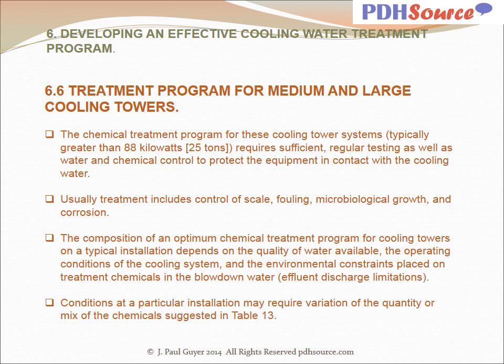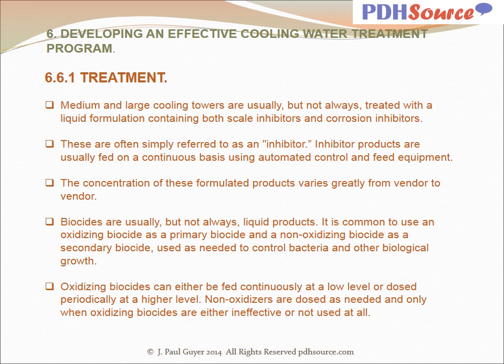The composition of an optimum chemical treatment program for cooling towers on a typical installation depends on the quality of water available, the operating conditions of the cooling system, and the environmental constraints placed on treatment chemicals in the blowdown water. Conditions at particular installations may require variation of the quantity or the mix of chemicals suggested in Table 13.